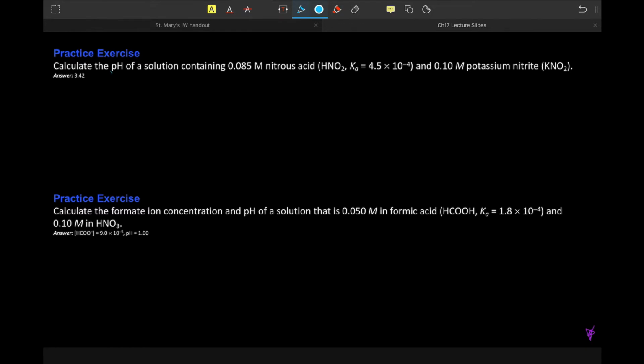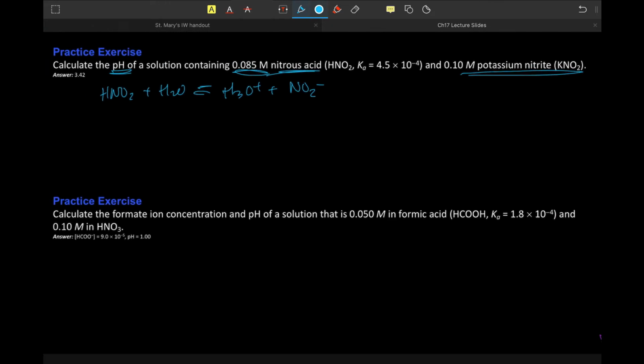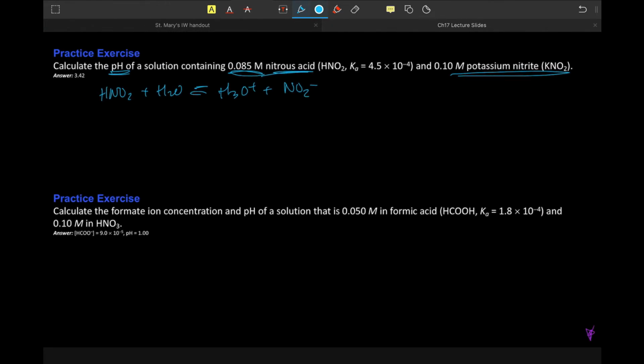So this says we're going to calculate the pH of a solution containing this concentration of nitrous acid and this concentration of nitrite. Obviously, if we were going to write nitrous acid plus water forms hydronium and some nitrite, it could get super complicated if we were trying to deal with the dissociation of nitrous acid.